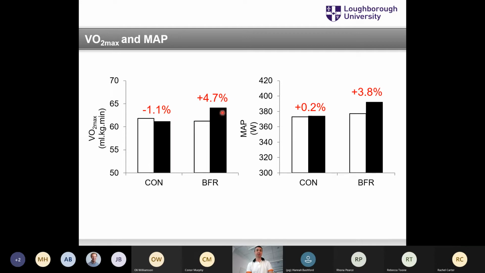And then in our blood flow restricted group, before and after training, we showed a fairly robust 4.5% increase in VO2 max. So that was exciting to us in the first place. Likewise, we showed almost a 4% increase in maximal aerobic power, so the power you achieve at VO2 max. So that was very interesting, and when Steve Ingham saw that, he was rather excited with his performance hat on.